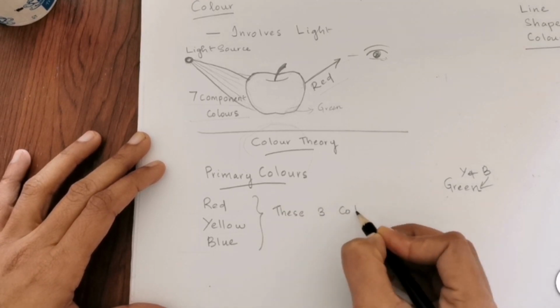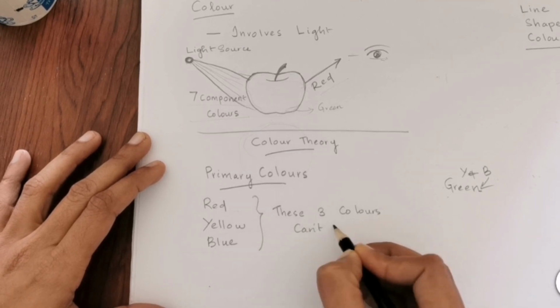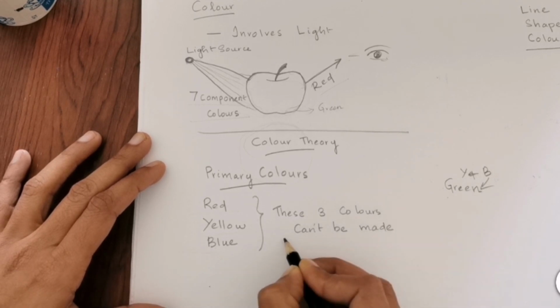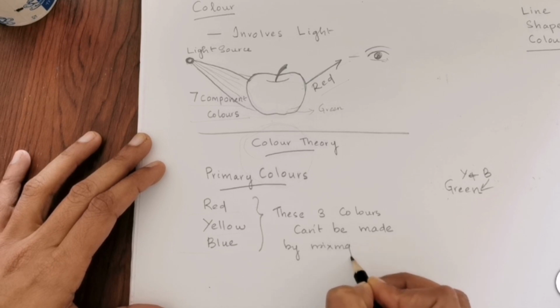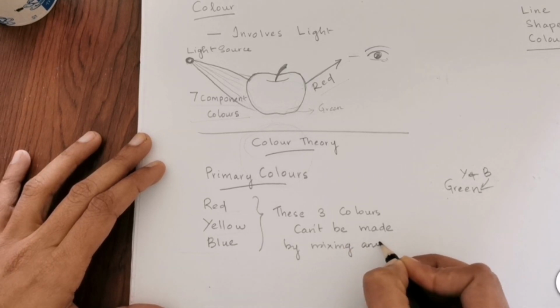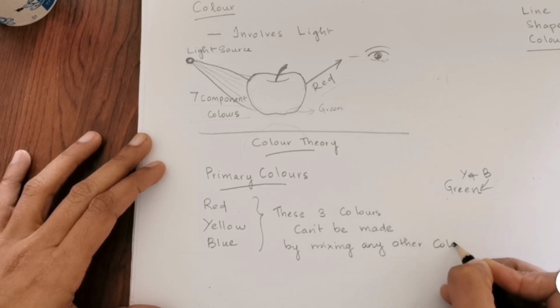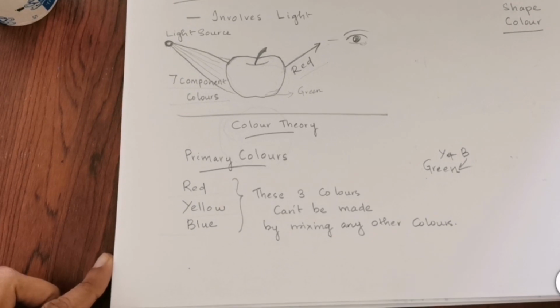White and black are again not colors, that is again physics. Just note that these three primary colors can't be made by mixing any other colors. And all of the colors in the color wheel can be made by intermixing these three shades.